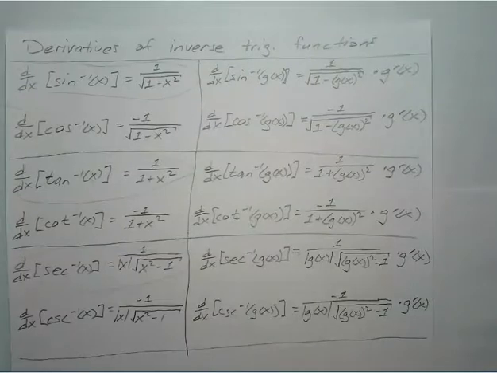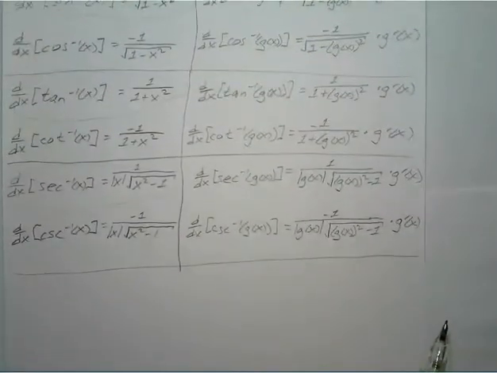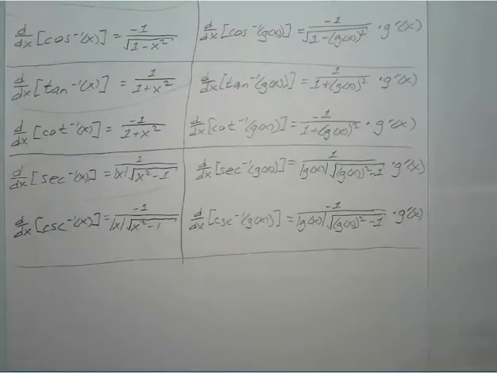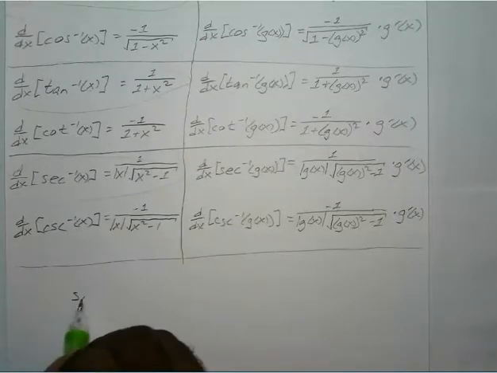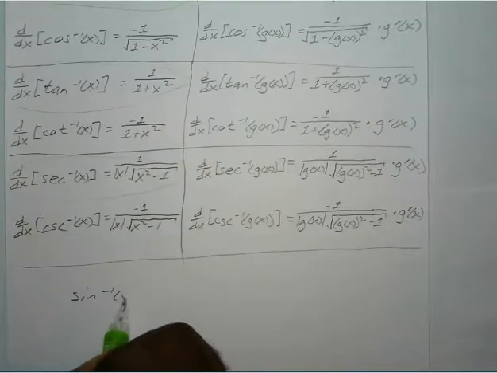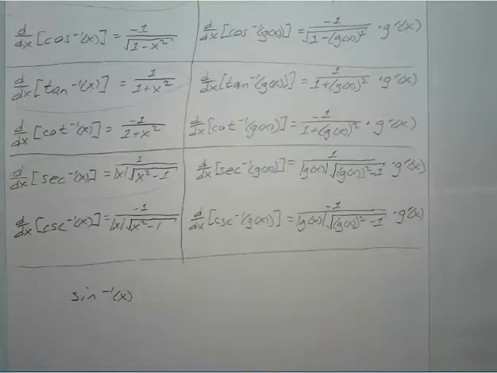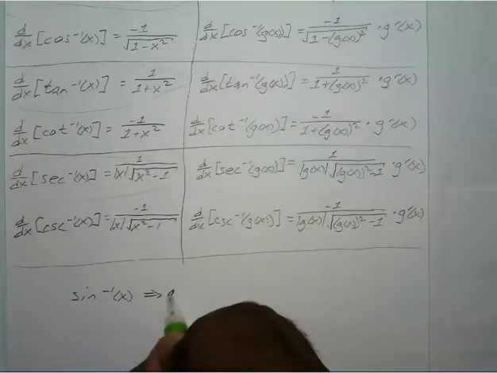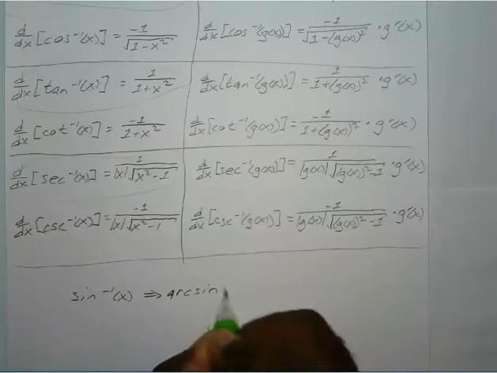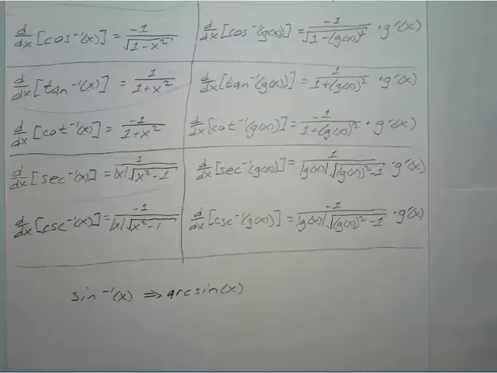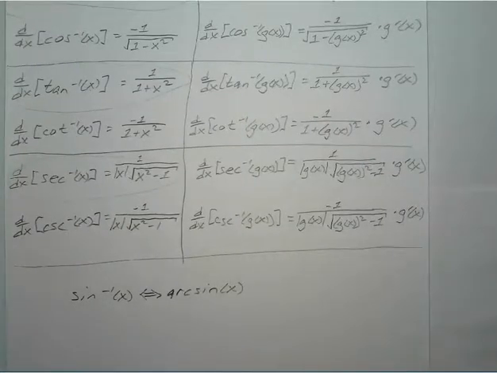Okay, so we're going to slide this up a little bit, because there are different ways your inverses are viewed. Sometimes you may see it as sine inverse of x, and sometimes you may see it as arcsine of x. Exact same thing, just different terminology.